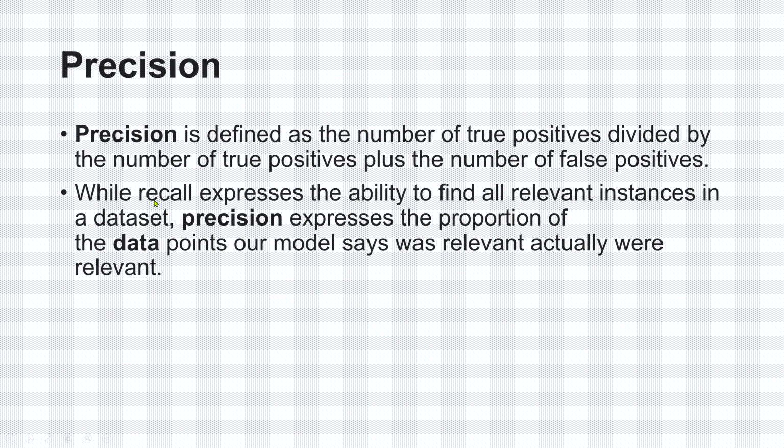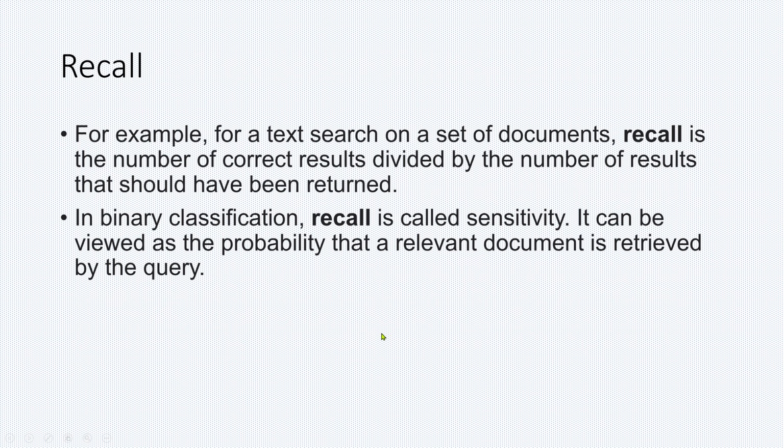Also, we have recall. Recall expresses the ability to find all relevant instances in the data set. Precision expresses the proportion of the data points our model says were relevant, or I'll say the percentage of true positives. Whereas recall is also called sensitivity.